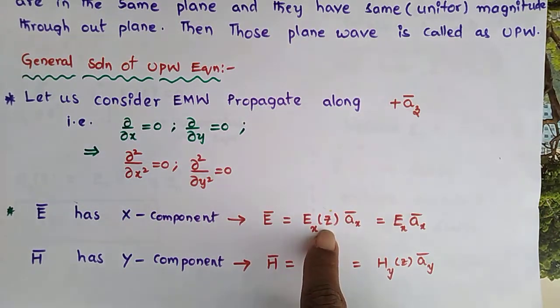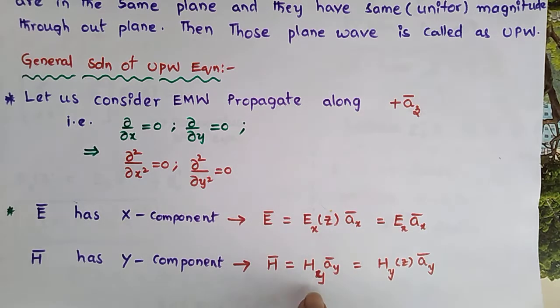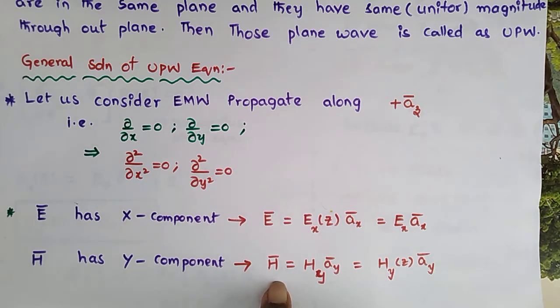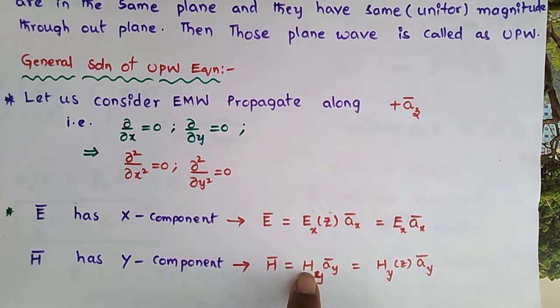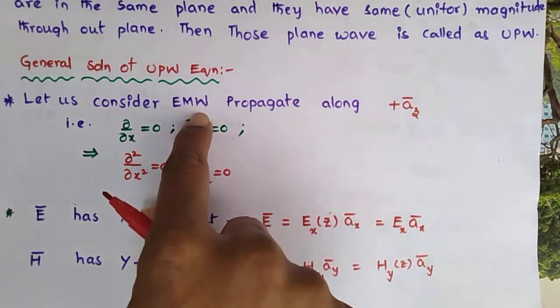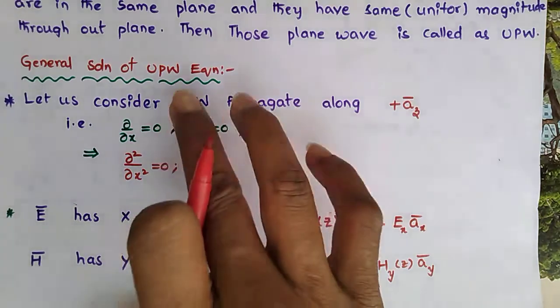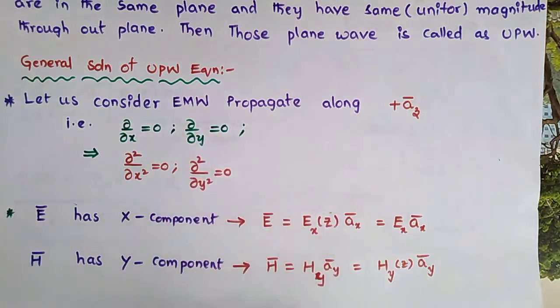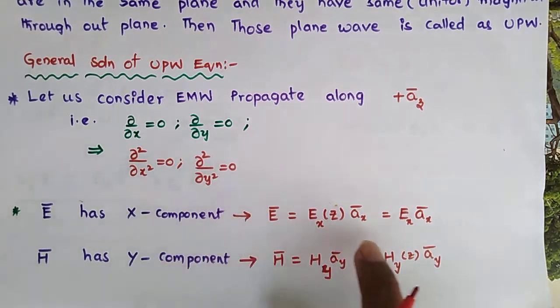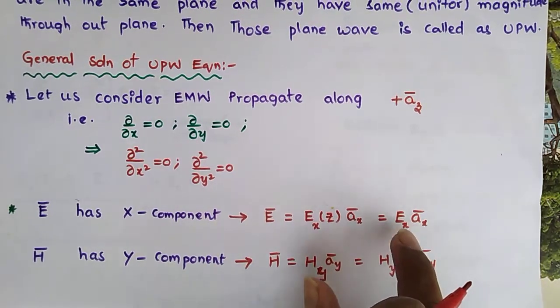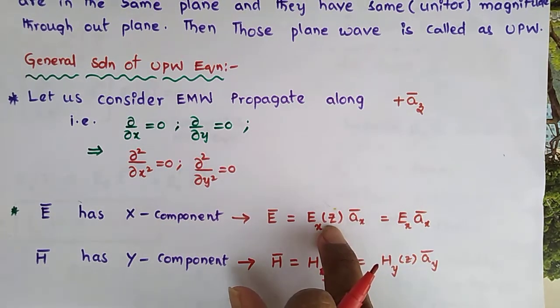Similarly, the magnetic field is Hy ay, in the direction of ay, with magnitude Hy, which is also a function of z, because my EM wave propagates in the z direction. Remember these three things: ∂²/∂x² equals 0, ∂²/∂y² equals 0, and E bar equals Ex ax, where Ex is a function of z.